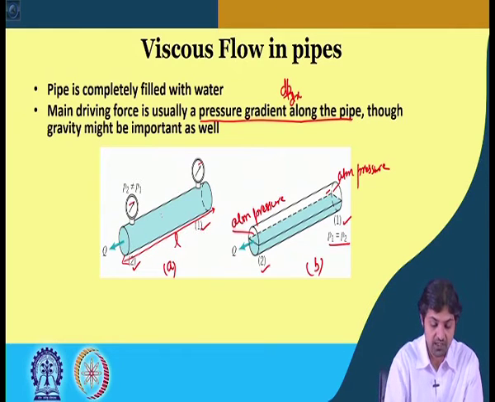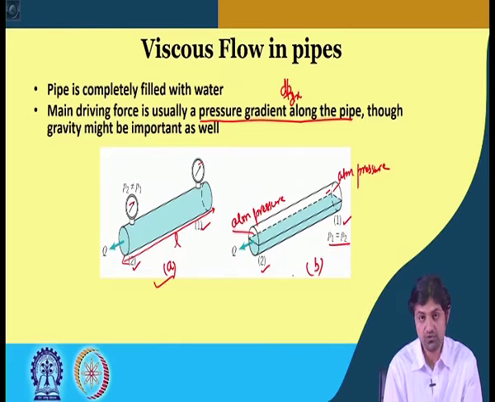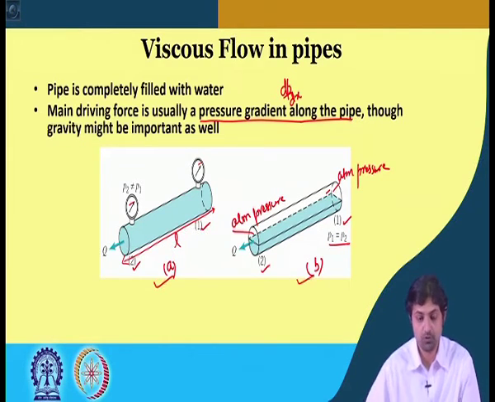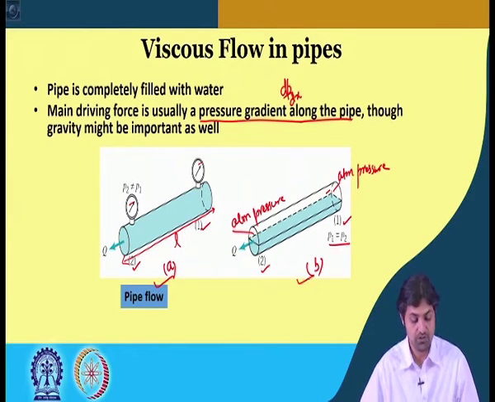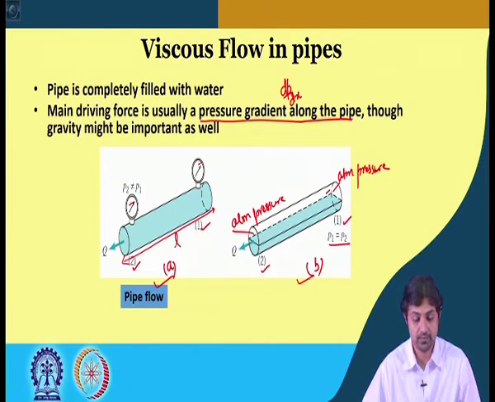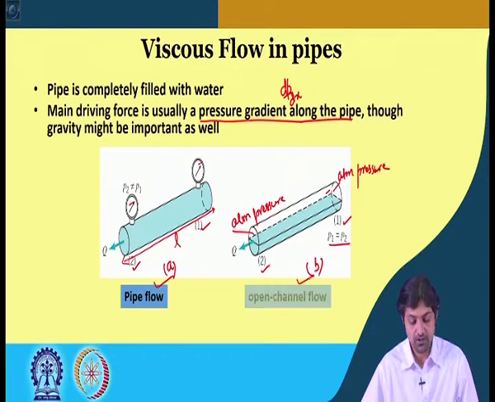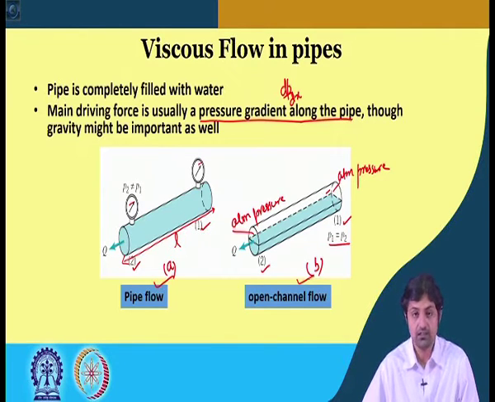So the first is classified as pipe flow, whereas here there is no pressure gradient, the flow is occurring and it has a free surface, that means it is an open channel flow. So this is pipe flow, as I explained, and the figure on the right hand side is open channel flow, because it has an exposed free surface to the atmosphere, and the main driving force here was gravity.